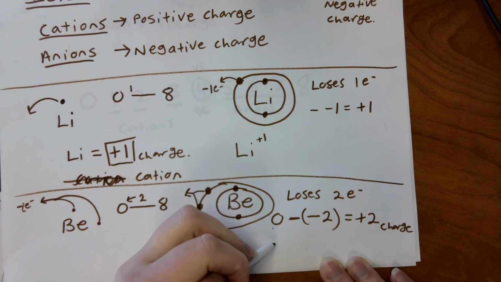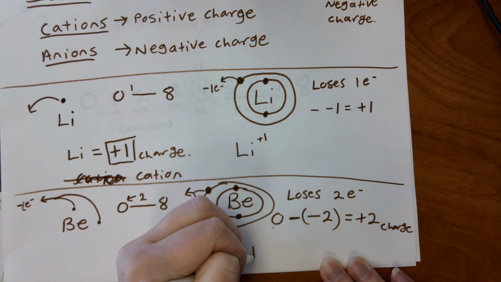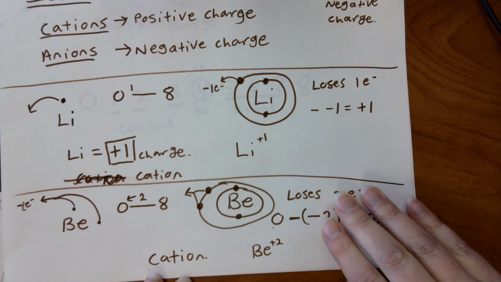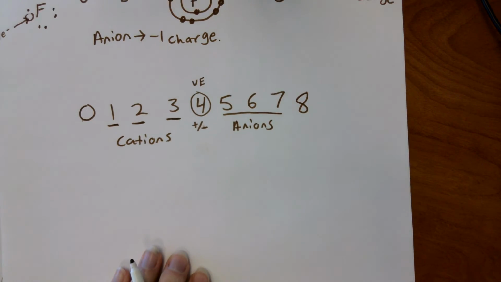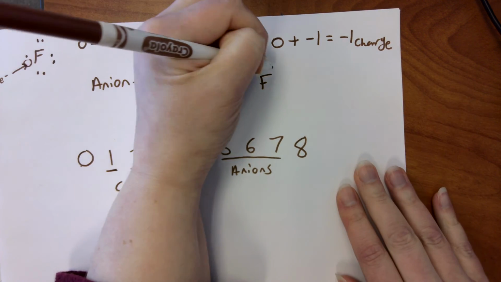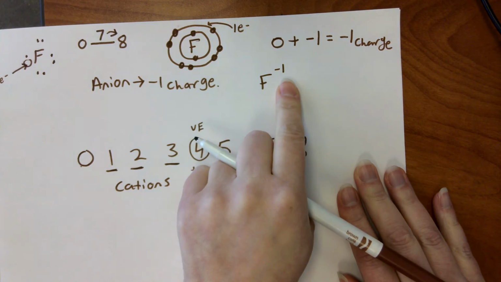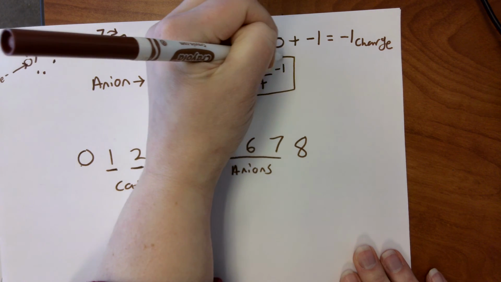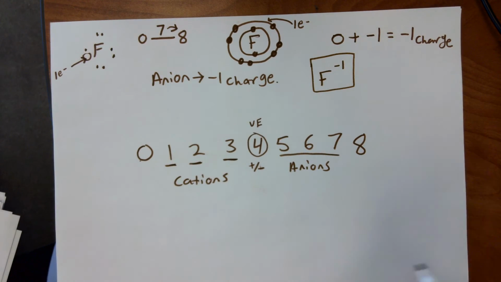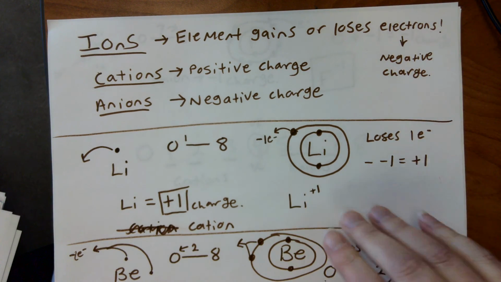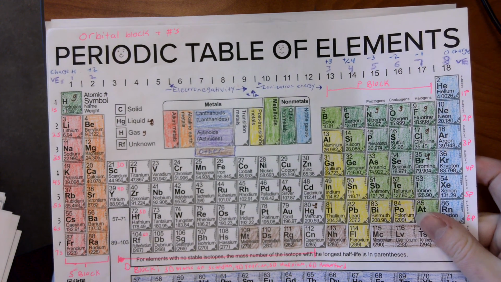Same with beryllium, it loses 2, so is now a positive 2 charged ion. And lastly, fluorine. Fluorine gained 1 electron with its -1 charge, now showing that it's that ion in the corner. Okay? So that's how you write your ions. That's how you find out what they are, both longhand and by looking at the periodic table.